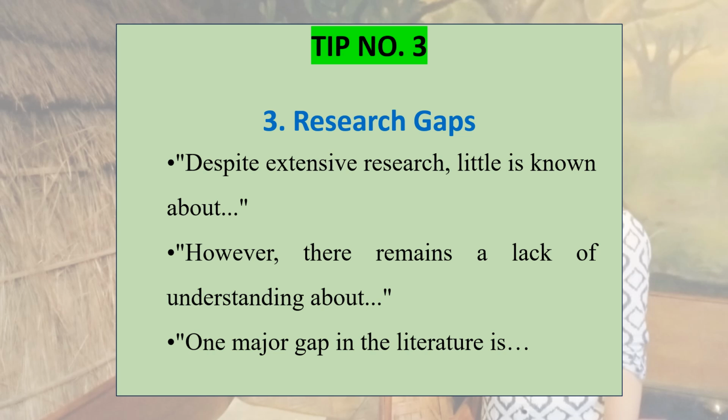Now, however, there remains a lack of understanding about. Means so many people have studied it, but nobody could understand this particular topic. There's a lack of understanding. Third one is one major gap in the literature is. In this manner, you define the research gaps in that area.